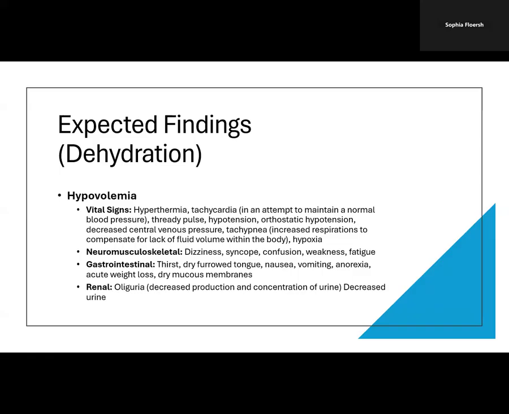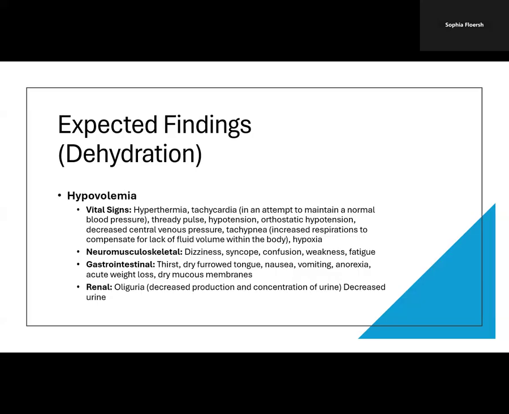What can I do to prevent them from falling? Falls precaution: decreased central venous pressure; tachypnea, increased respirations to compensate for lack of fluid volume in the body; hypoxia. So they're trying to compensate, so they're going to be breathing harder. This can end up putting them into having not enough oxygen.